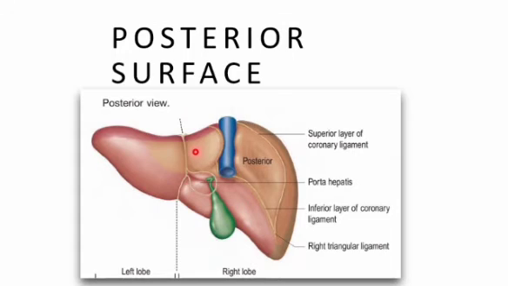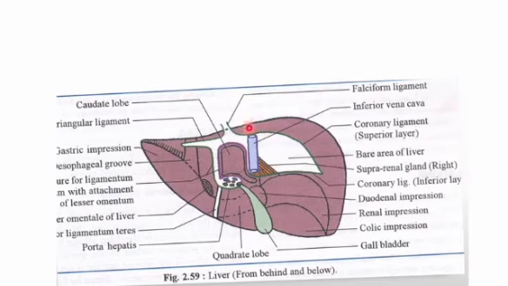What are the common things you'll observe in the posterior surface? We'll see first the bare area of the liver. This green colored representation is nothing but the bare area of the liver.